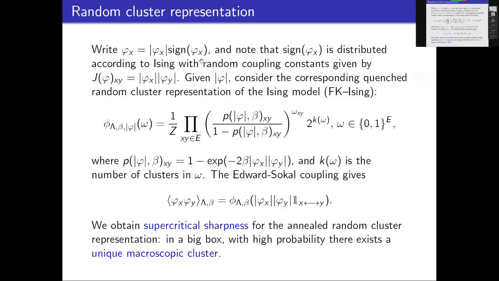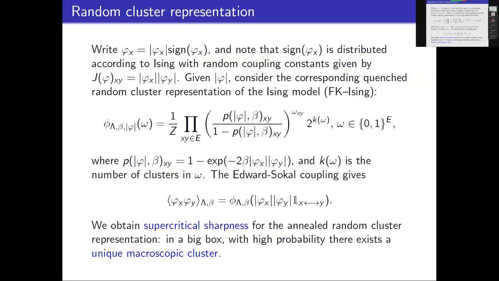Okay, so this I can always do. And now the thing is that once I condition on the absolute values, what I get is an Ising model, so basically with a random beta. In the Ising model, you have beta times absolute value of phi x, absolute value of phi y. But okay, you condition on that, so you get an Ising model.